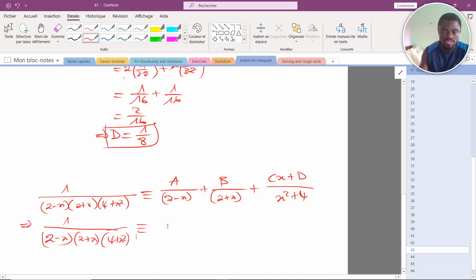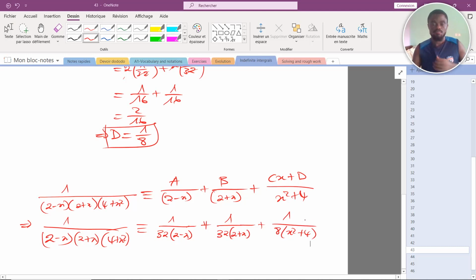Our a was 1 on 32, so 1 on 32 into 2 minus x, plus b was 1 on 32, 1 on 32 into 2 plus x, plus our c was 0 and our d is 1 on 8. So we have 1 all over 8 into x squared plus 4.